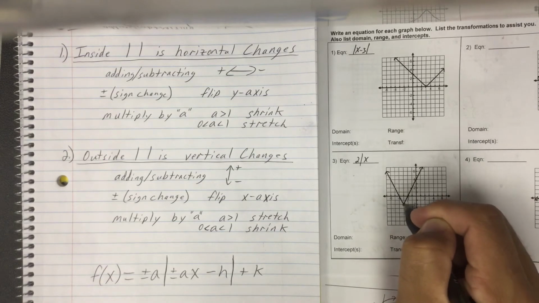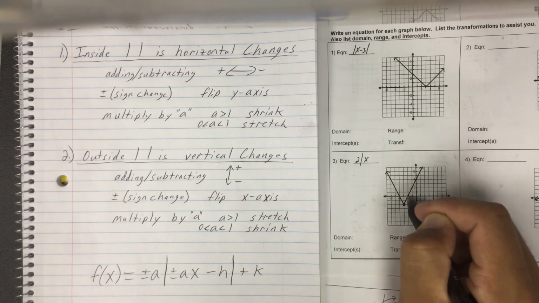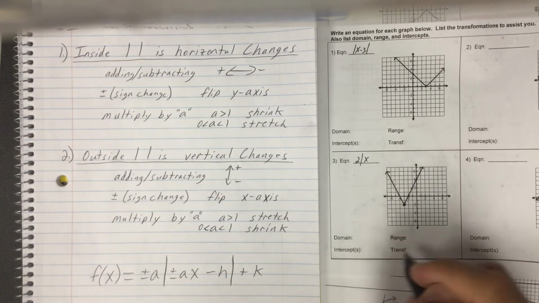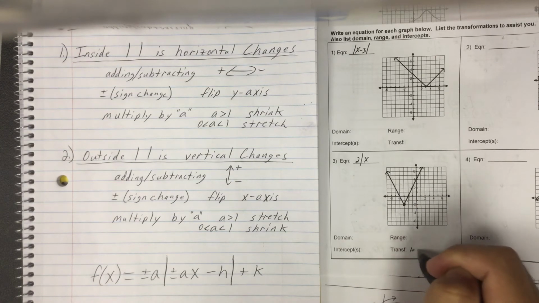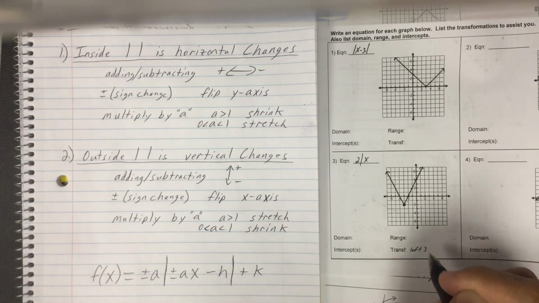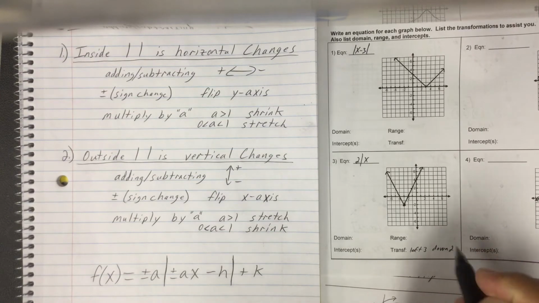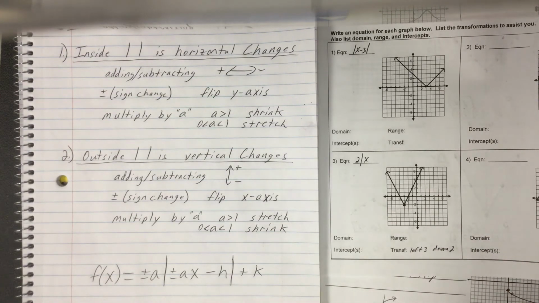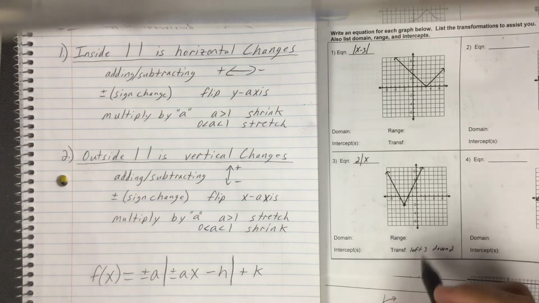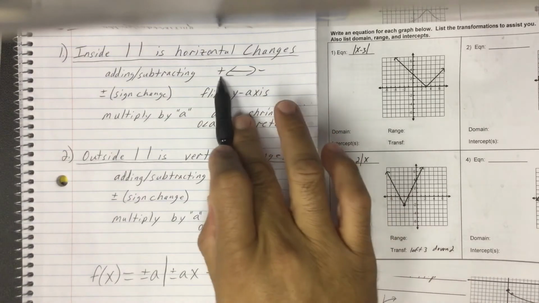Now the vertex moved over here. It moved 3 to the left, right? So it's left 3, down 2. Okay, so left 3, down 2. The left 3 is right here. It goes left 3.